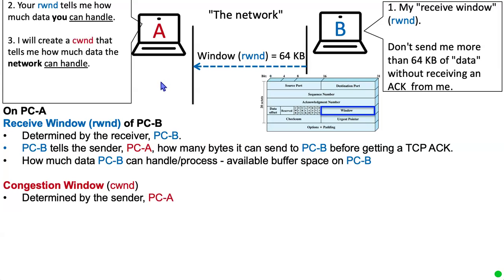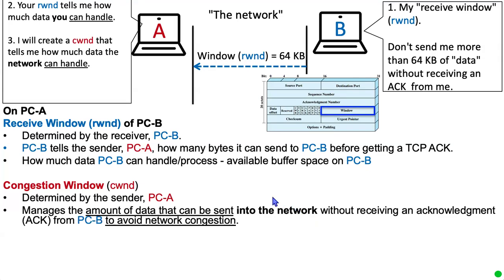PCA is going to create this congestion window, and we're going to see that it's based on how much data the network can handle. This is the amount of data that can be sent into the network before receiving an acknowledgement from PCB to avoid congestion. How does the network play into this? We'll see this a little later.